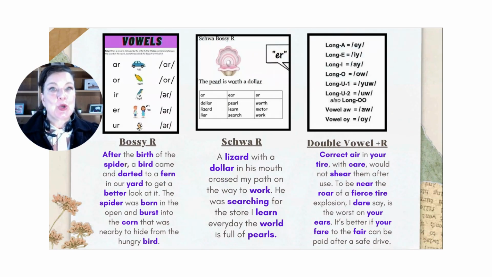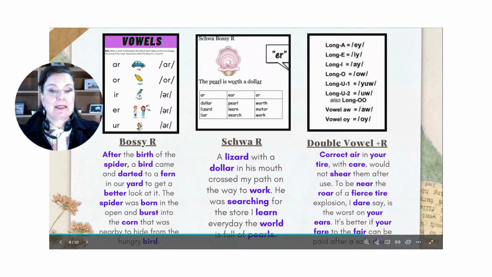Lizard, dollar, work, work, that rolled tongue, that static, non-moving jaw and tongue position. Searching, searching.